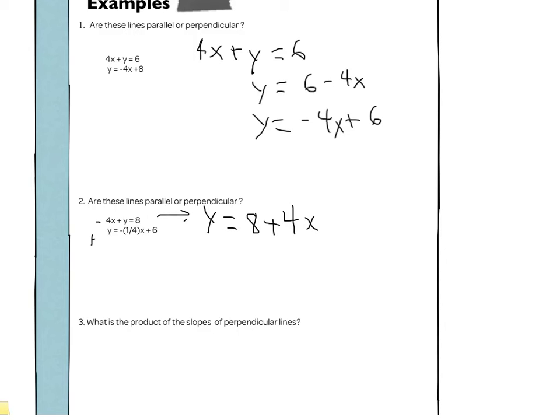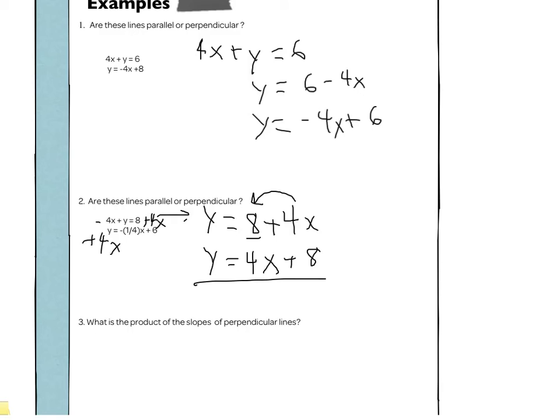Then I get my new equation, y equals 8 plus 4x. Again, we want our mx before our y-intercept, so I flip this over and get y equals 4x plus 8. This is my final slope-intercept form.